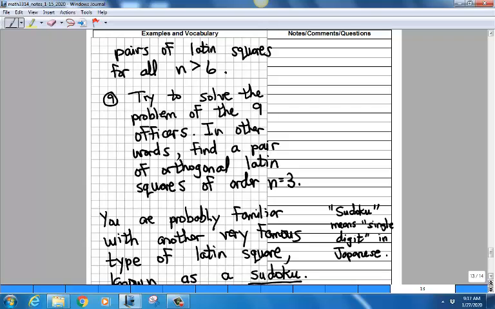Because you've got to have all 81 boxes accounted for. So in a Sudoku puzzle, the additional way you're going to break up the grid into a collection of 9 boxes is with these little sub-rectangles, right? Each one of which is 3 by 3, and therefore has 9 boxes.